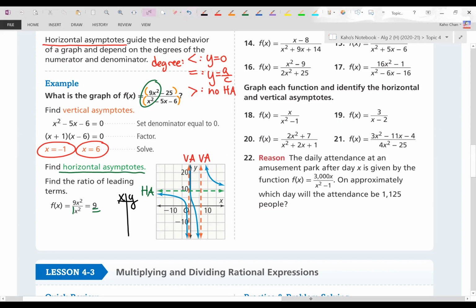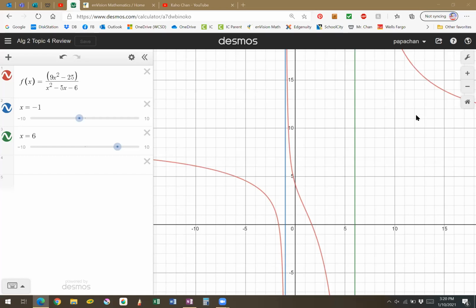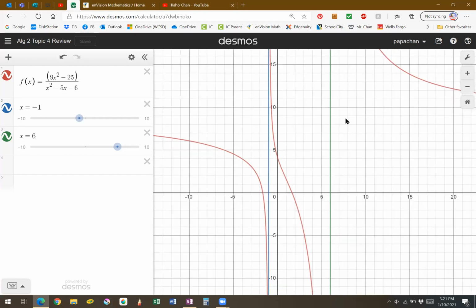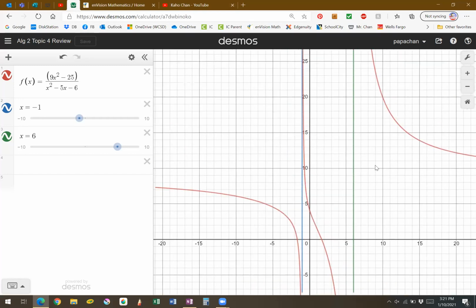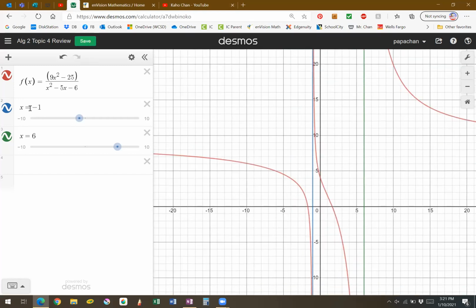Okay, so maybe this is a good time to pause. And so I just pulled up Desmos. I graphed it on here. I actually included two vertical asymptotes, x equals -1, the blue line, as well as x equals 6, the green line, to show you how this is graphed relative to that.